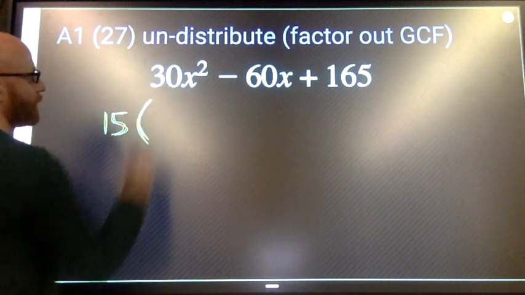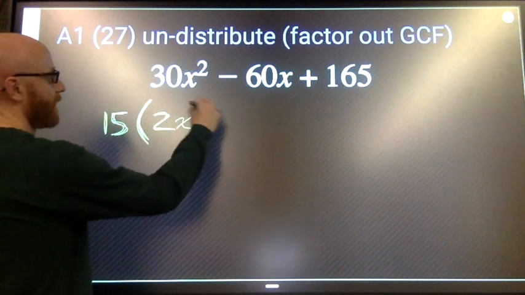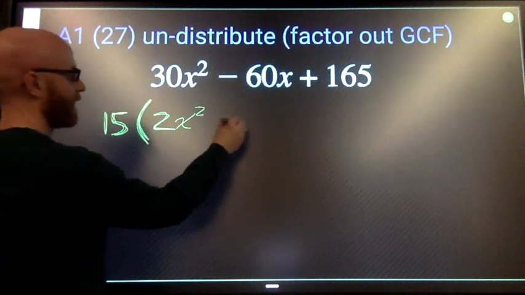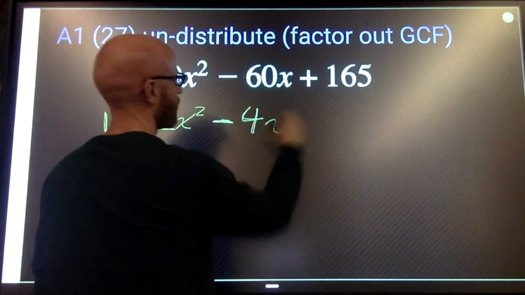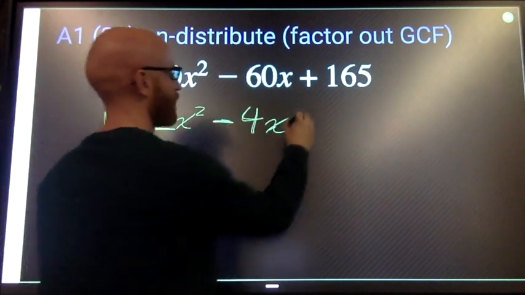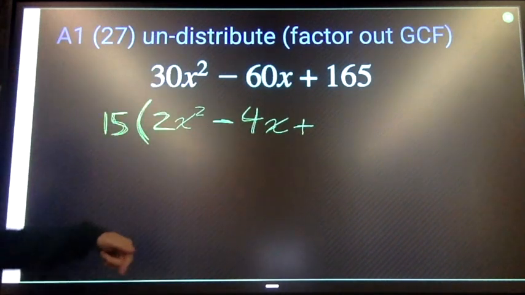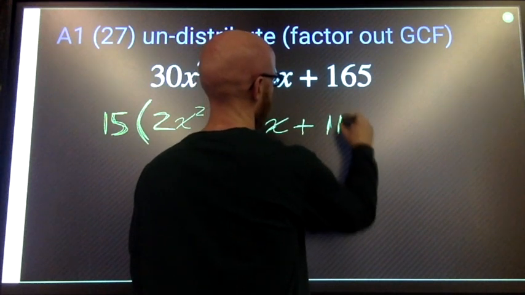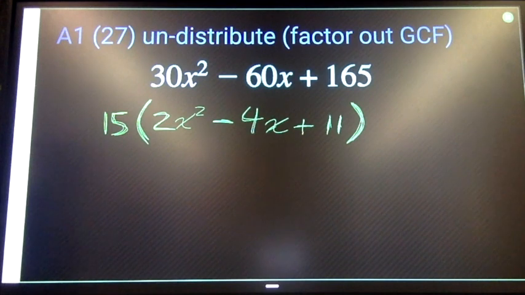If I pull 15 out, 30 divided by 15 is 2x squared. 60 divided by 15 is 4x. 165 divided by 15 is 11. So that's what would be left behind when I pull out the 15 factor, and that's what an answer would look like.